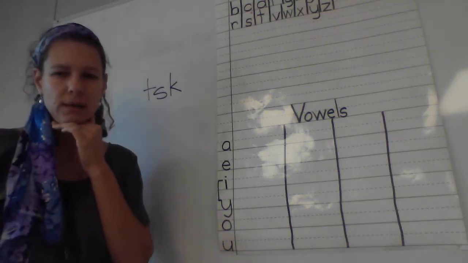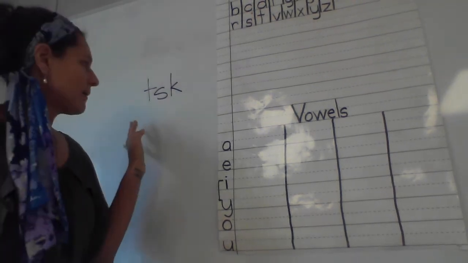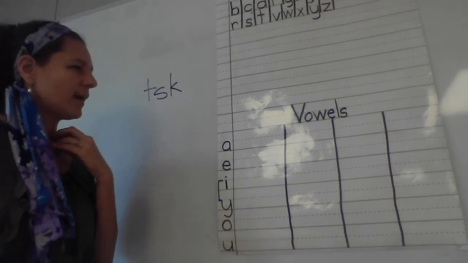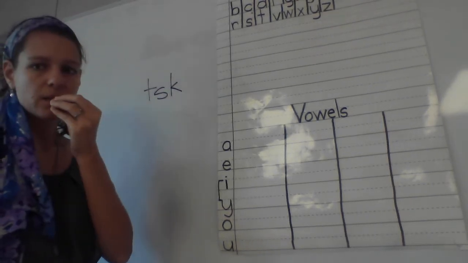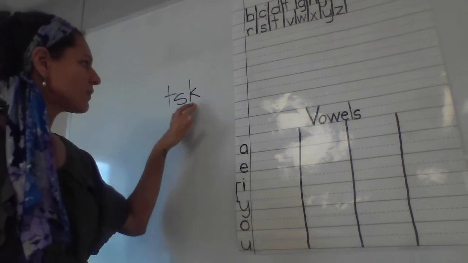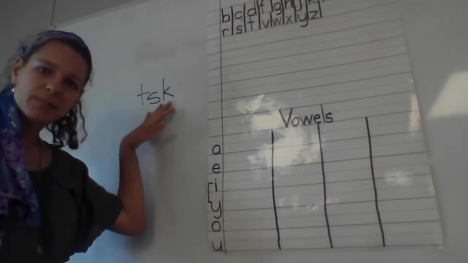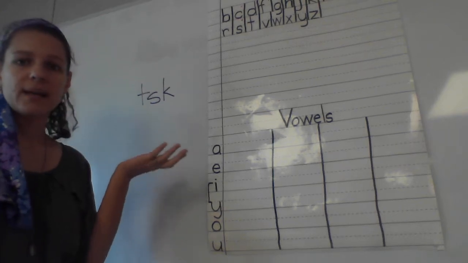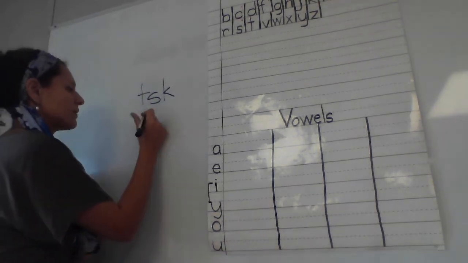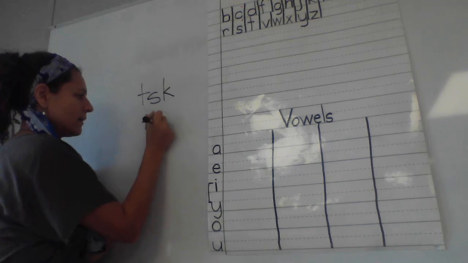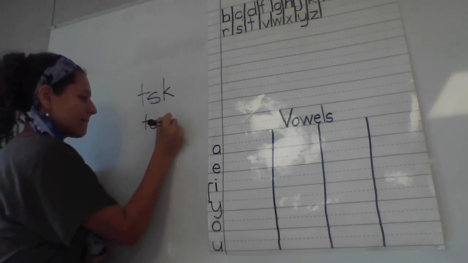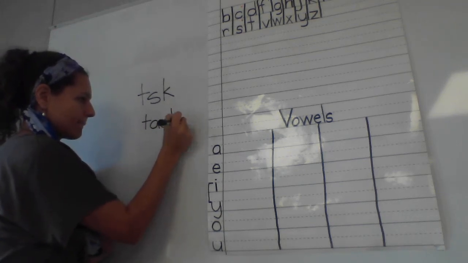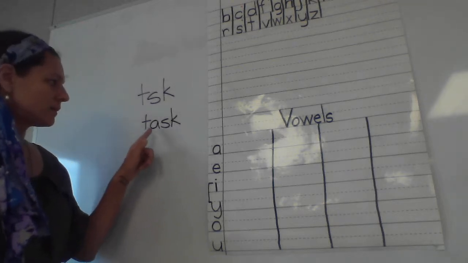I can't really, I can say it, but it's hard, because everything's all closed down. So this is a sound, but it's not an actual word. To have a word, we would need a vowel. So let's see, I could put in an a. All right, let's read this word.